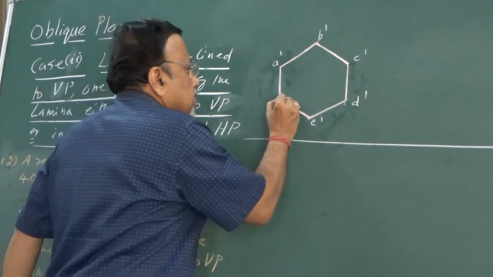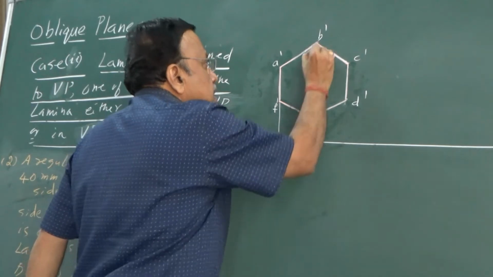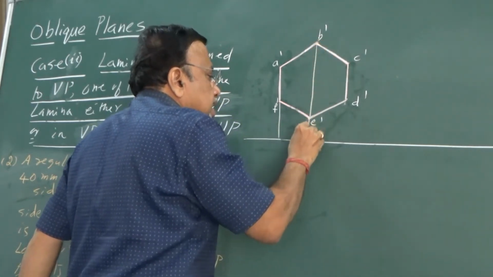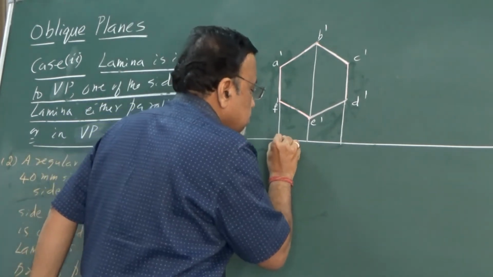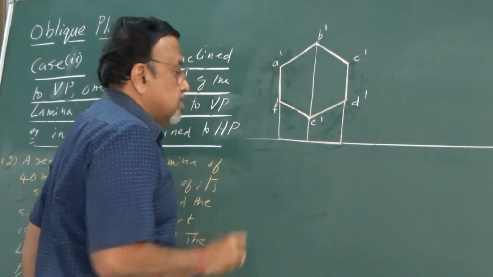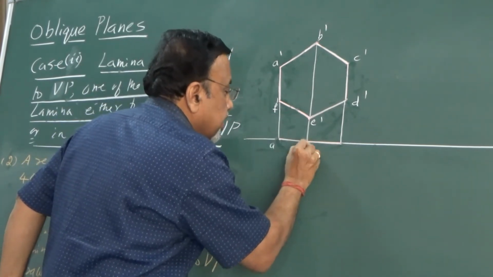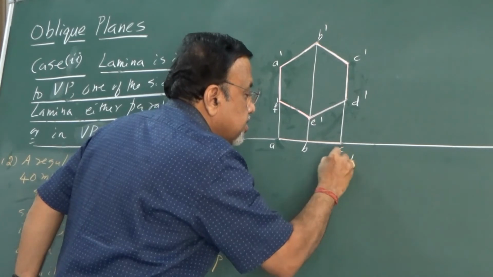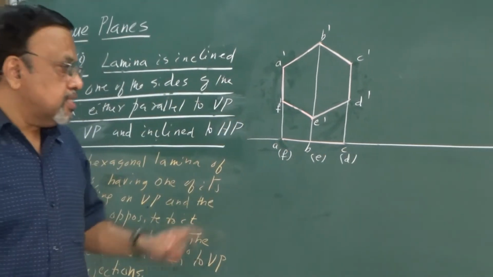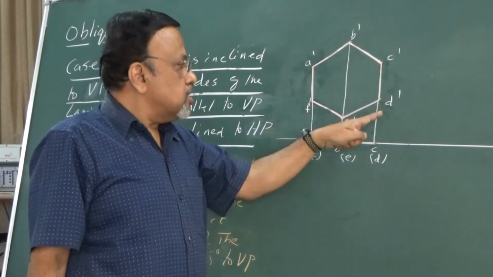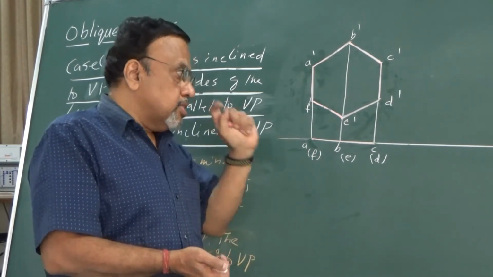But in this problem, since AF, one of the sides, is resting on VP, initially we will assume the entire lamina to rest on VP itself. Now name them: A dash, A, B, C, D, E, F. You can see A, B, C are the visible points and D, E, F are not visible, so put them in brackets. This is stage 1.